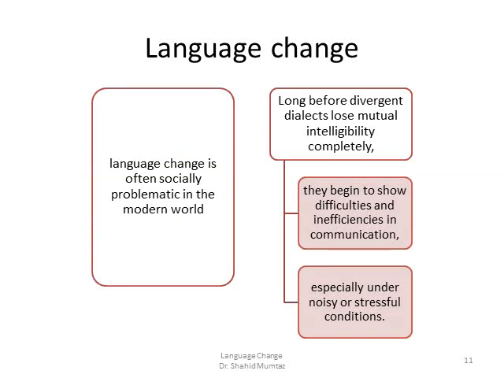In the modern world, language change is often socially problematic. Long before divergent dialects lose mutual intelligibility completely, they begin to show difficulties and inefficiencies in communication, especially under noisy or stressful conditions.